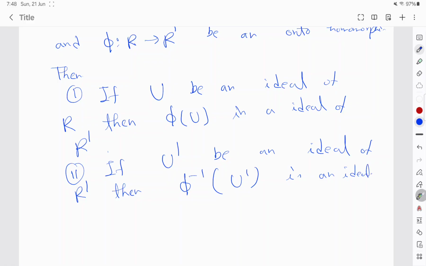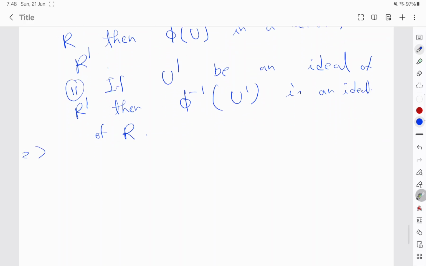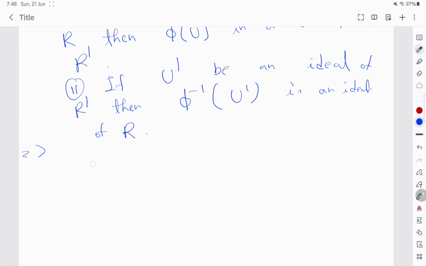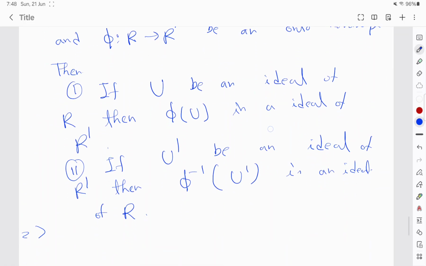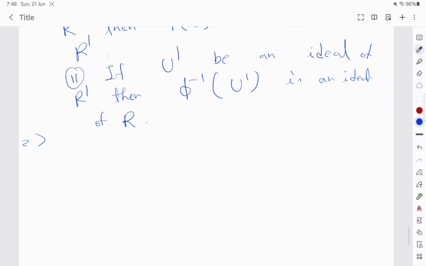So what is the difference between subring and ideal? You see, you require the onto condition extra. I am proving the first one. Obviously an ideal is also a subring, right? So phi of U is a subring, you don't have to prove that.